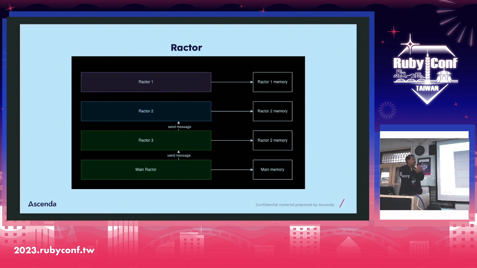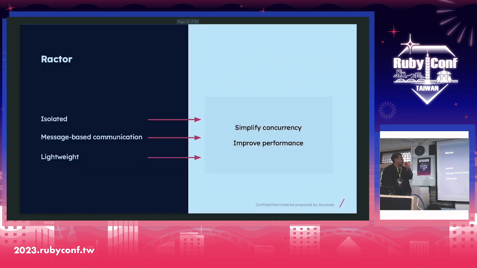If they don't share memory, then how can we control and communicate between them? One way we can do it is by sending and receiving messages. You can see it later. So to sum up, Ractor has a view that is isolated. It has separate memory, a separate GIL, and uses message-based communication, only sending and receiving data, not sharing memory.